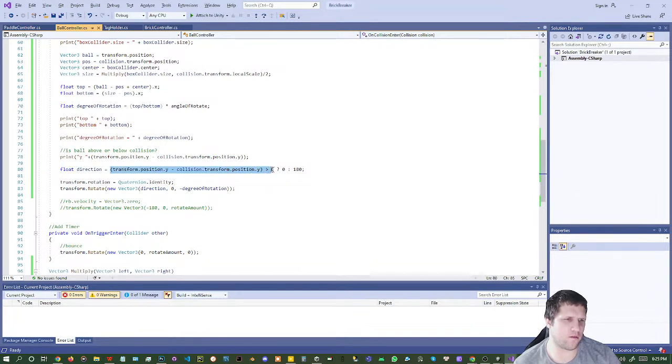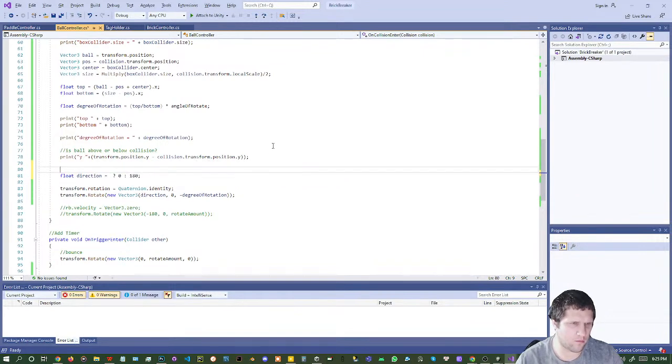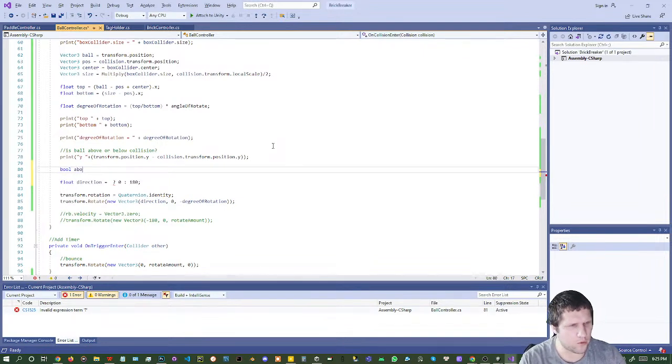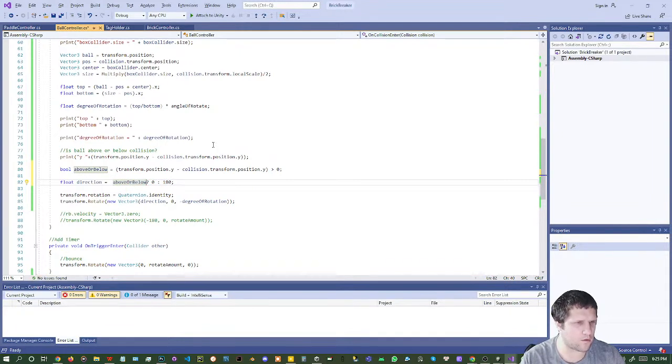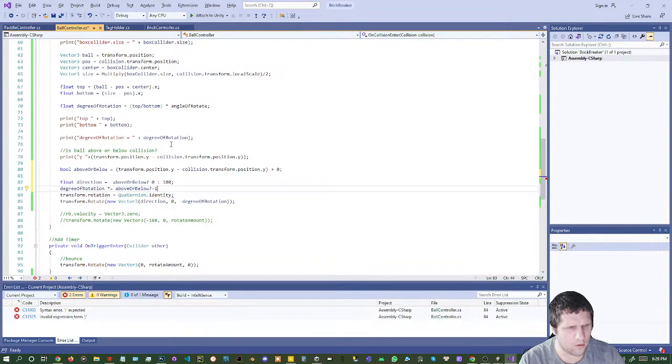Then what if we say bool above or below equals above or below, and then let's say that our degree of rotation multiplied equal to above or below, 1 else negative 1.